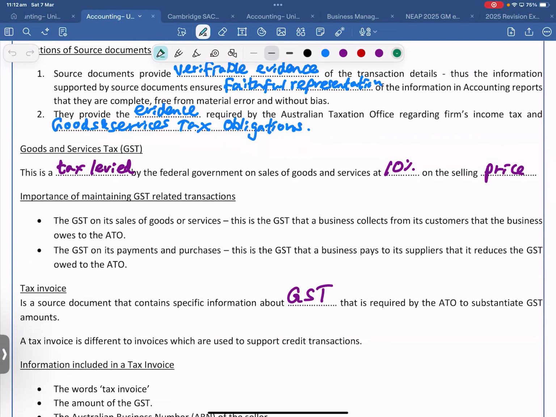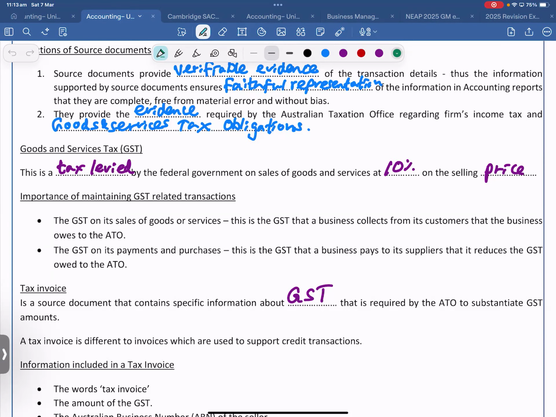Where do you collect or receive GST from if you are a business? You get it from the transactions from the consumer, and then you give it to the ATO. So where do you get it from? Customers.